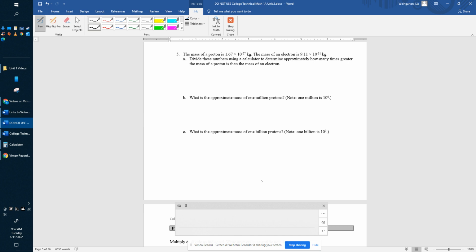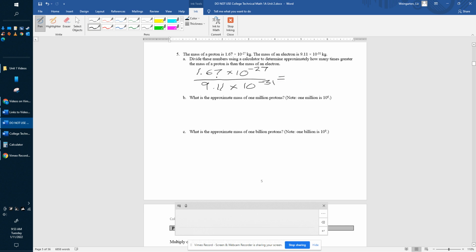So the larger number is going to have the smaller absolute value. Negative 27 is larger than negative 31, so we're going to put that on top. 1.67 times 10 to the negative 27th over 9.11 times 10 to the negative 31st.